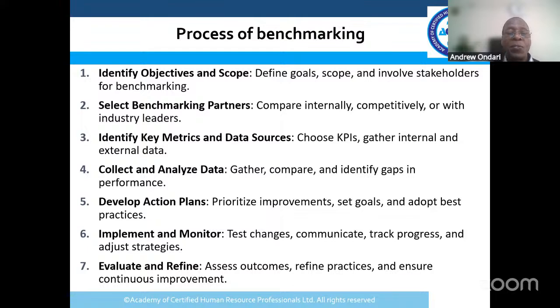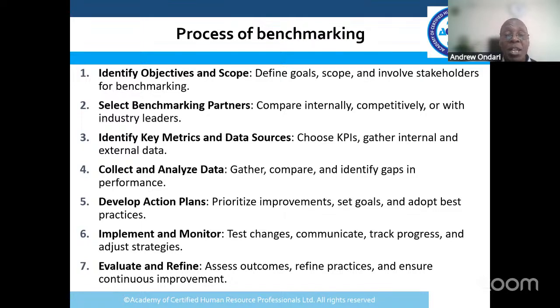That in any of the benchmarks that we have implemented, it could be in compensation. And under compensation and reward, we have identified a benefit. And such a benefit could be something like cafeteria benefits, where employees can choose from a menu of items a benefit that can be most suitable for them.